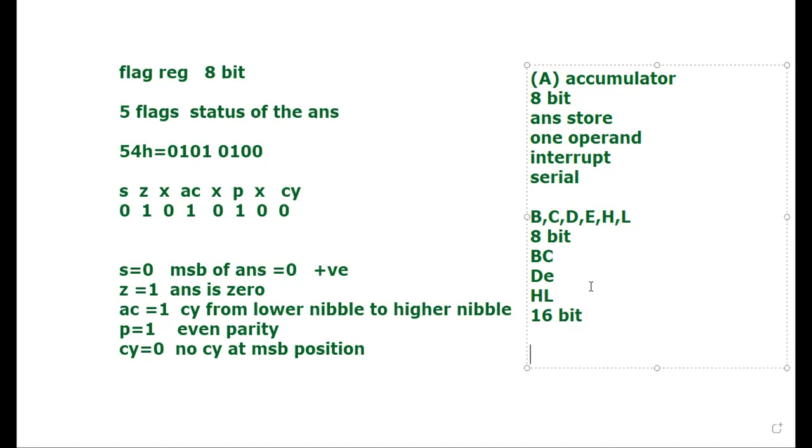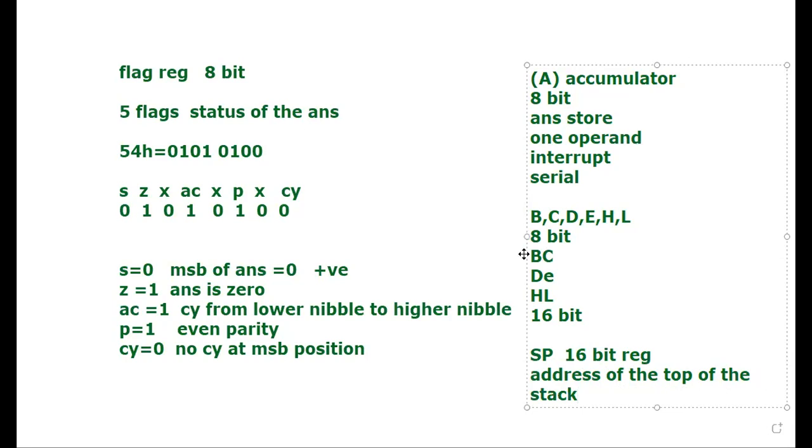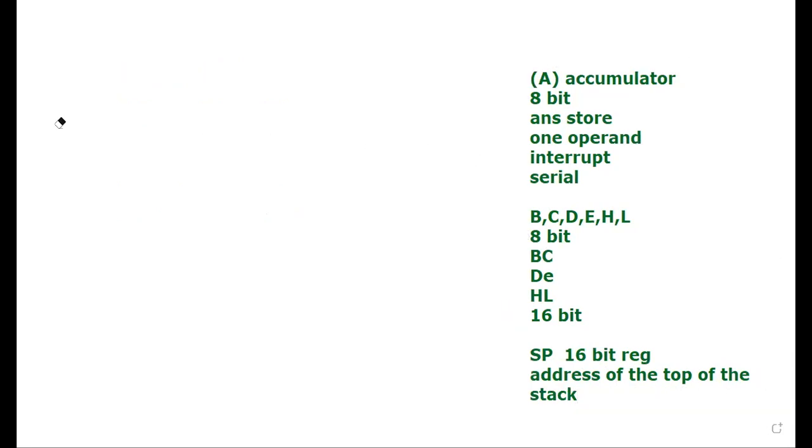Then the special function register, stack pointer. The stack pointer is a 16-bit register which holds the address of the top of the stack. Stack is a memory where you can store the register contents temporarily, right? So if you are storing the register pair contents temporarily, you can store them above this top of the stack.